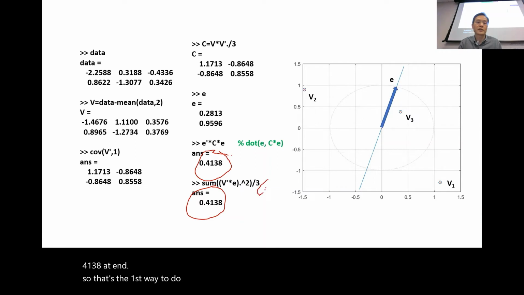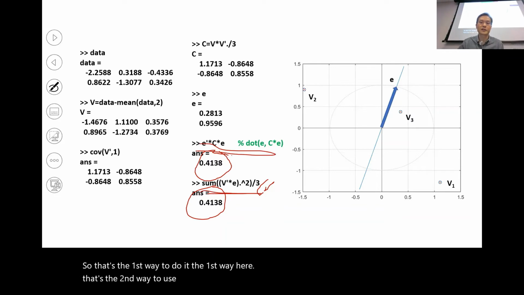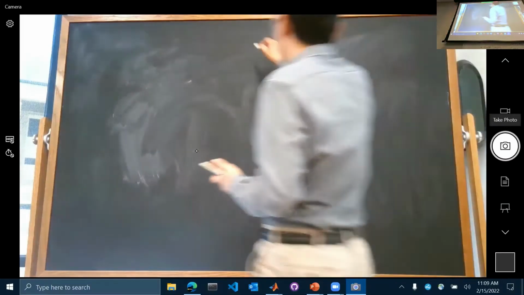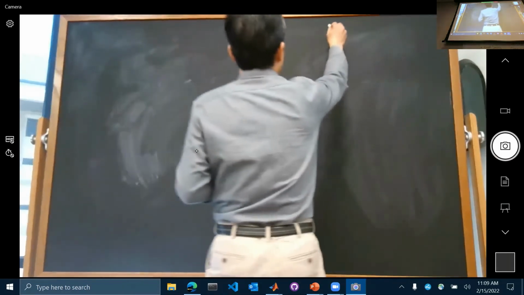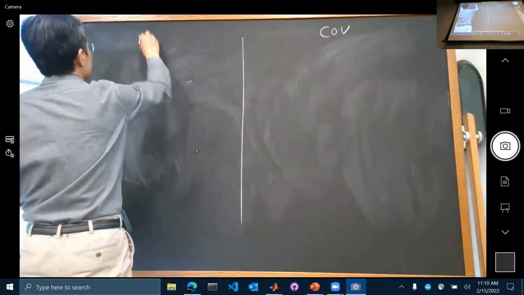The first way is here. That's the second way, to use the covariance matrix. This is my covariance way.